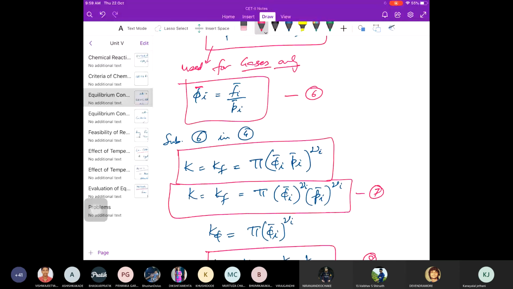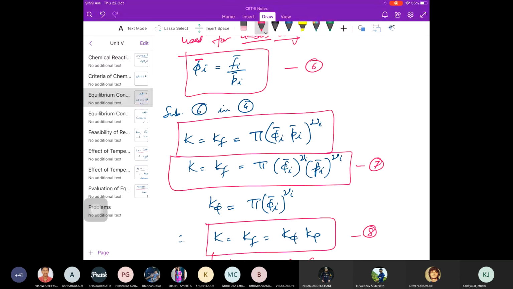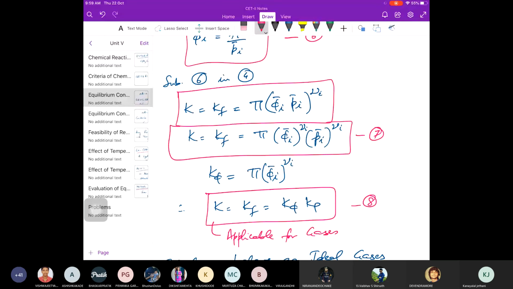That is equation 7. And then we define another K based on phi. This K phi is nothing but pi of phi_i bar raised to the power of nu_i. And so we get K equal to Kf equal to K phi into Kp. This is Kp, this is K phi.